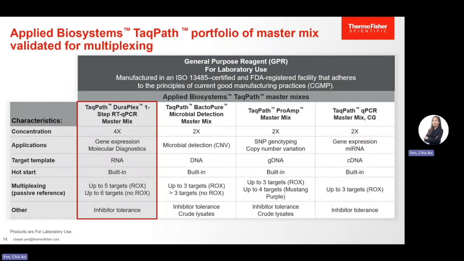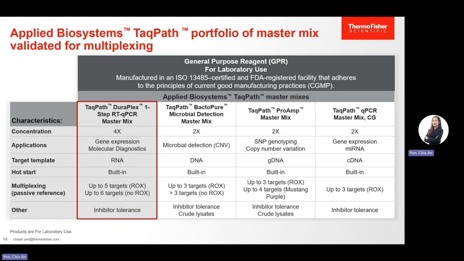Choosing the right assay for multiplexing is crucial, but it is just one part of the equation. Another really important factor is choosing a master mix that is suitable for your multiplexing application.